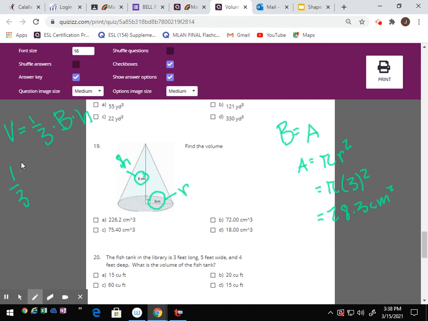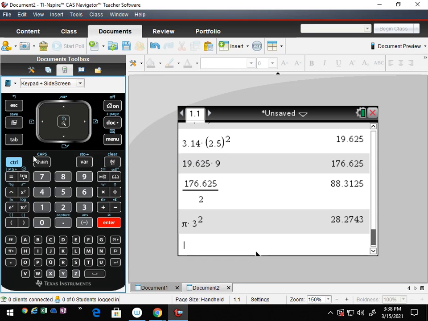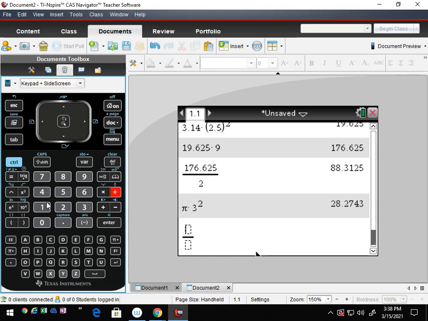Okay, let's go to our volume formula now. We have 1/3. We're dropping that down. We've got to make sure we use 1/3. Big B is now 28.3, and times our height, which is 8. Okay, go back to the calculator, control divide, 1/3 times, we want this whole entire number, so we'll arrow up.